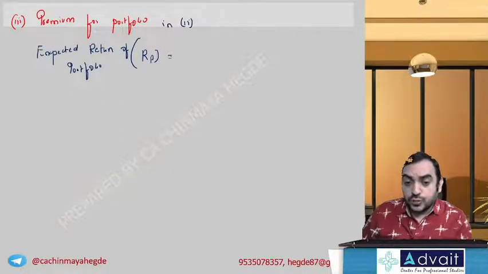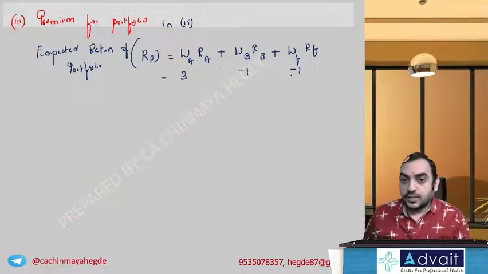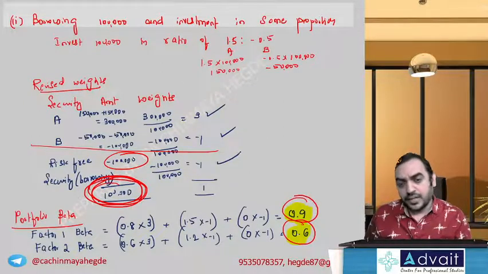So we will do weight in security A into return of security A, plus weight in security B into return of security B, plus weight in risk-free security into return of risk-free security. So the weights we got as 3, minus 1, minus 1. That is the weight we calculated here.